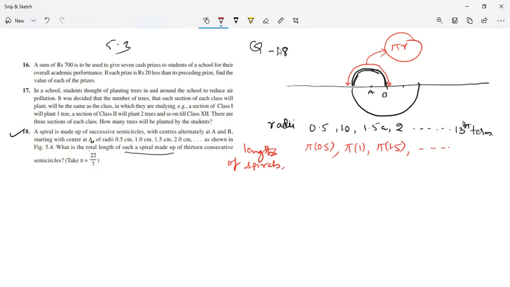So therefore, we can find the length of the spiral made up of 13 consecutive semicircles.